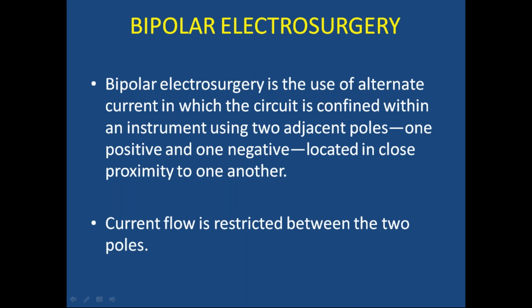So the instrument will have two electrodes. We'll be holding the two electrodes in our hand, and when we apply it to the tissue, the current passes from one electrode to the other electrode. So the flow of current is between these two poles and across the tissue. It won't traverse across the body. Only between these two poles is the current limited. So this is the physics of bipolar cautery.